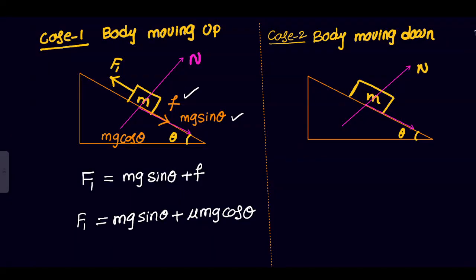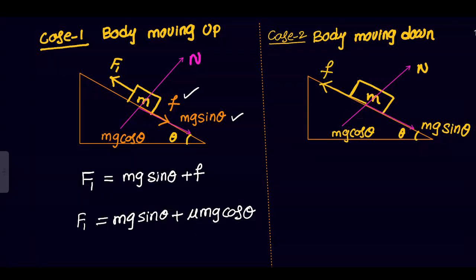Now this is N. So here this is mg cos theta and this is mg sin theta, and the body is moving in which direction? Down. So then how is the friction? The friction is in the upward direction.